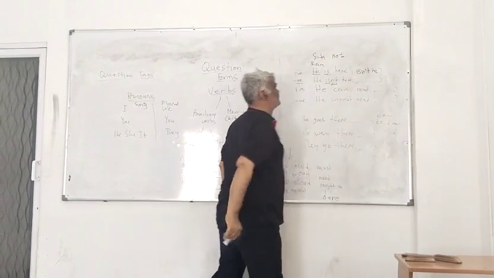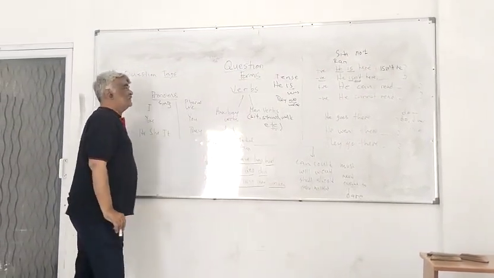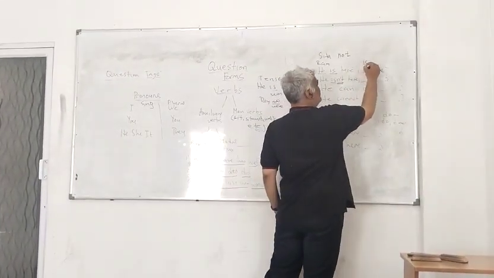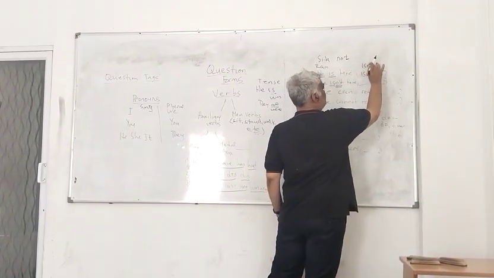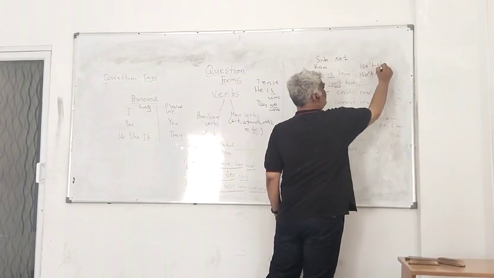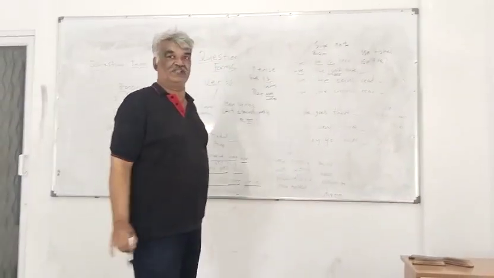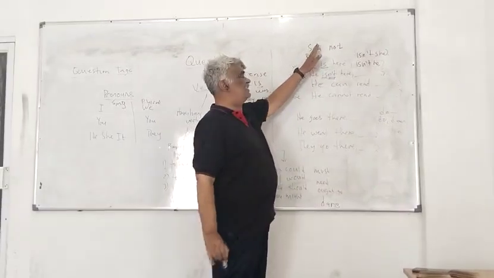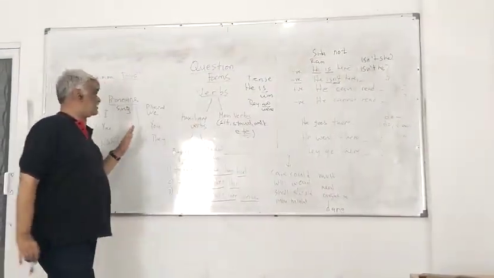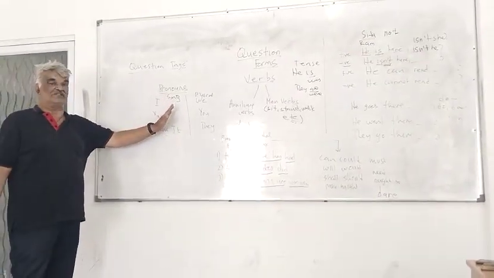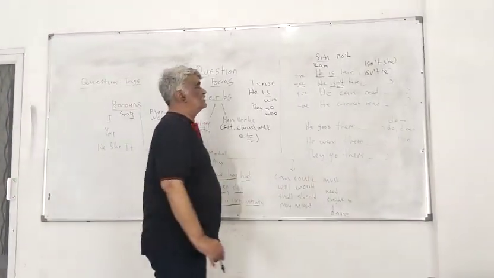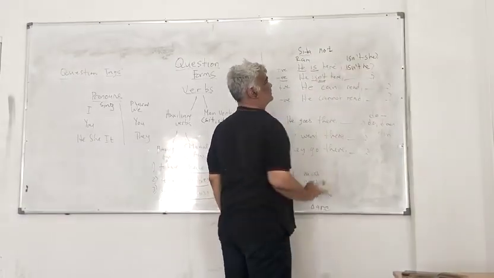Sita is here, right? Again, you have an auxiliary, take the auxiliary, make it negative, and add the pronoun form of the subject. The pronoun form of Sita is she, right? So, for any given noun subject, you can substitute one of these pronouns. So, this is for a positive sentence.